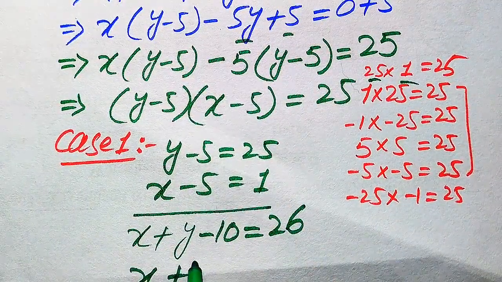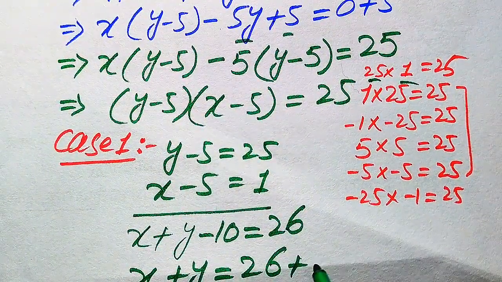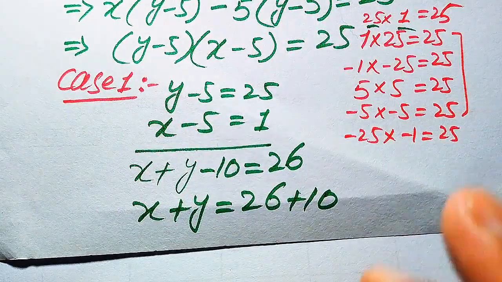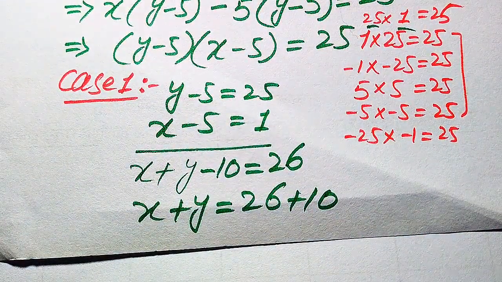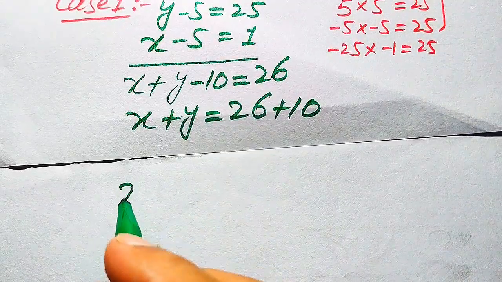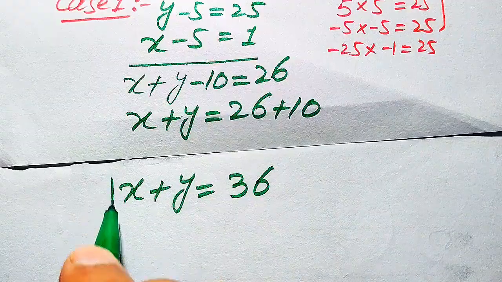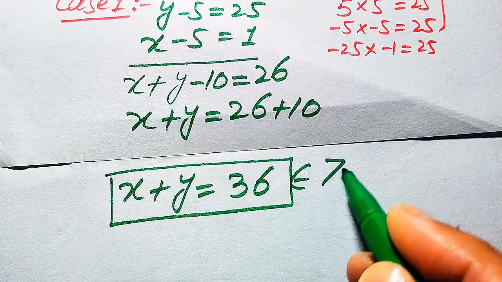So we need to move this -10 to the right hand side, and it becomes 26 plus 10. And further in the next step, 26 plus 10 becomes 36. So from this case we get our x plus y equals 36. So this is the first answer of this equation, because 36 is an integer.